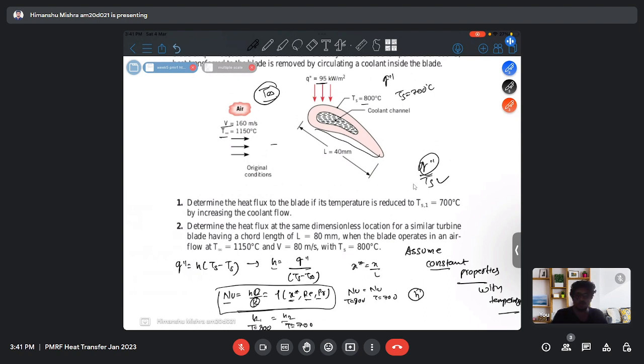Even if we change the T infinity, there will be a very insignificant change in the thermal conductivity of a gas. But here, since we are changing only the surface temperature, the change in the thermal conductivity is even lower. It should be negligible.